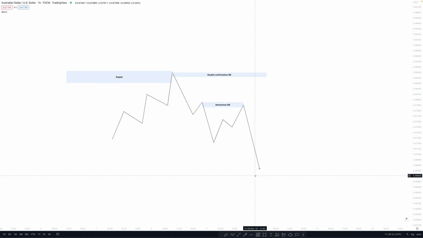Again, you can watch it, you can build extra confidence looking at multiple time frames, but I think that for you as a trader it's going to be really, really easier if you focus only on the 1 hour time frame.